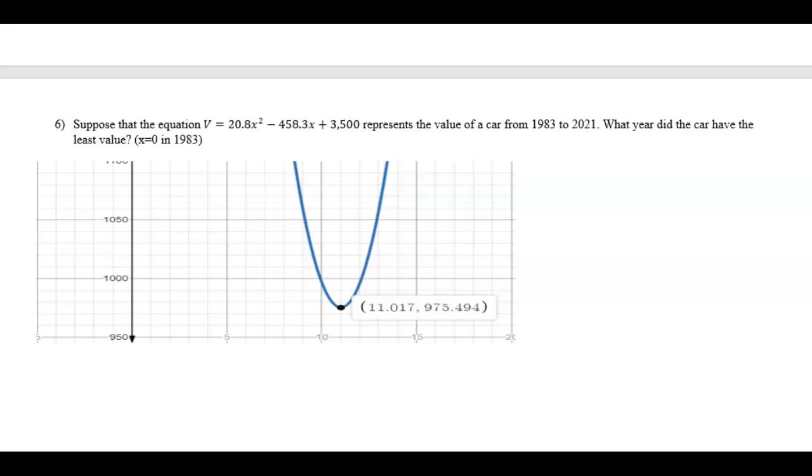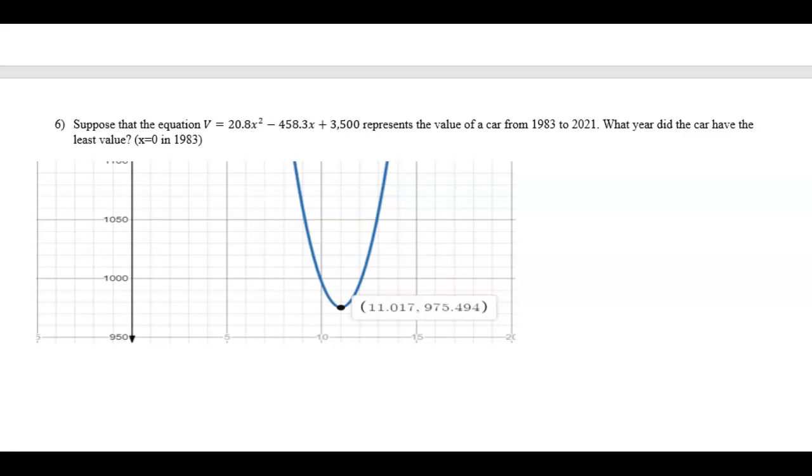Suppose that the equation v = 20.8x² − 458.3x + 3,500 represents the value of a car from 1983 to 2021. What year did the car have the least value? Suppose that x equals 0 in 1983.